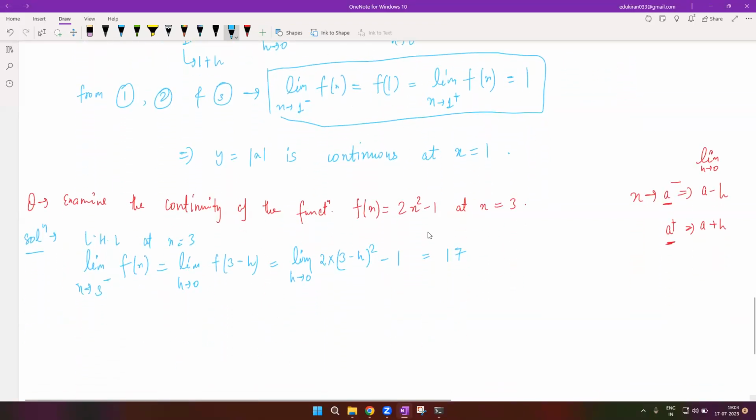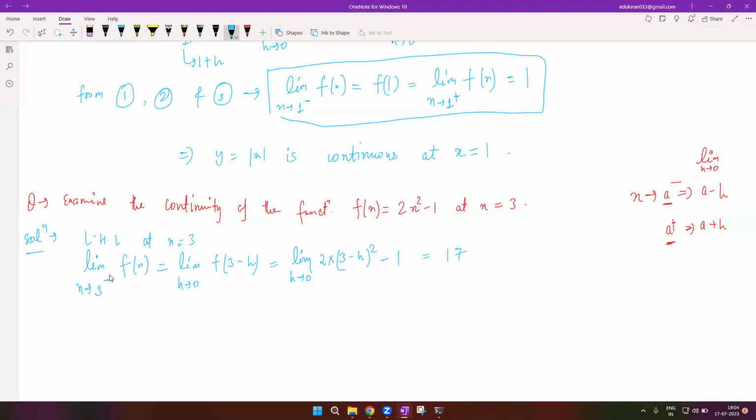But एक दूसरा तरीका ये है कि while calculating LHL and RHL, just put the value directly. What is the value directly? 3 negative है ना? It is 3 negative right now. So you put 3 directly. 3 negative माने 3 minus h, and 3 minus h माने 3, because anyway you are putting that h as 0, right?